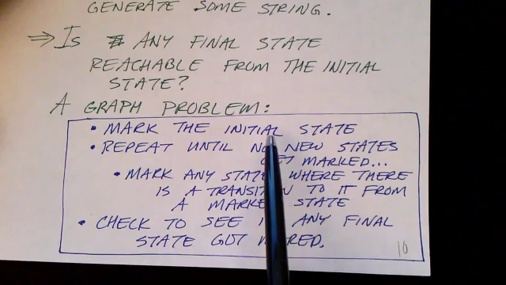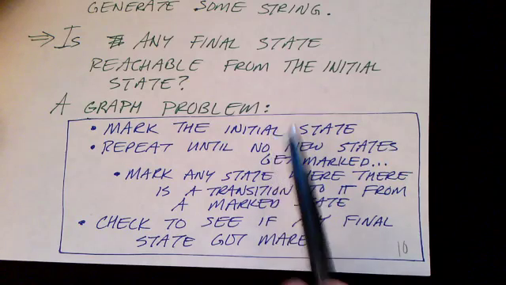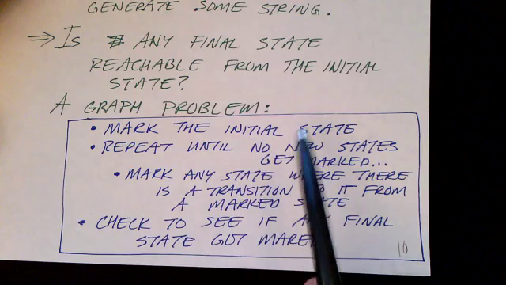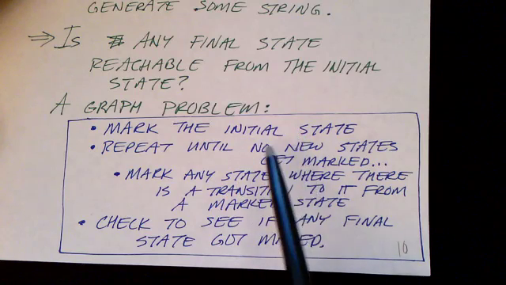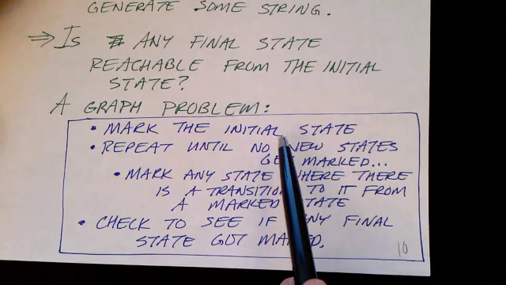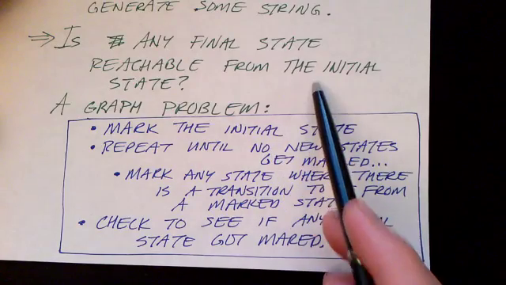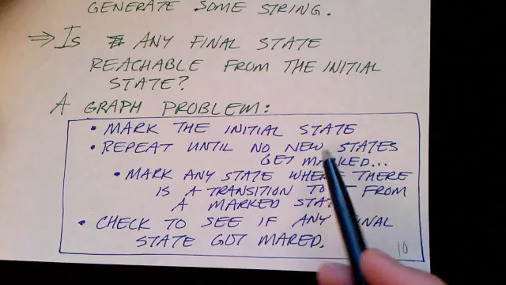We're going to imagine drawing the graph on a piece of paper, the way I've done in the past, with little circles for states and little arrows for the transitions. And we're going to mark each state, potentially, and we can imagine taking a pen and putting a little check mark next to each state that we want to mark.